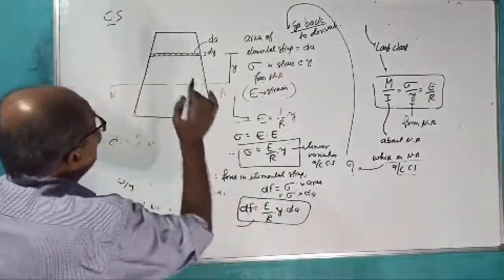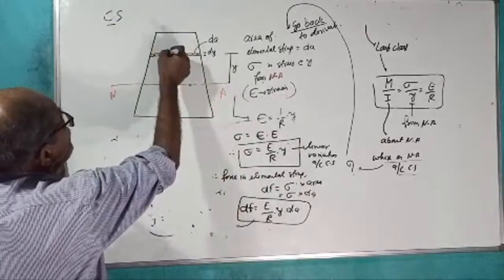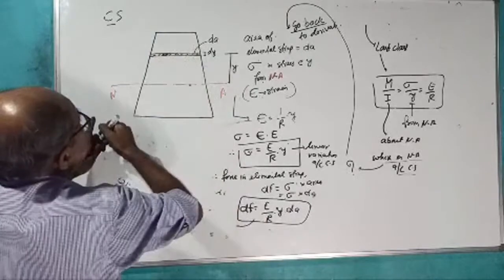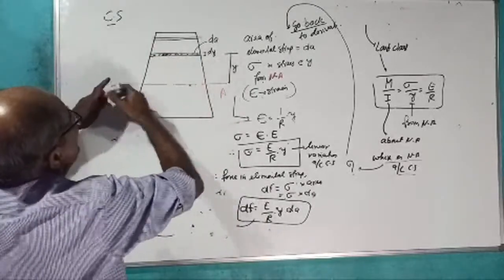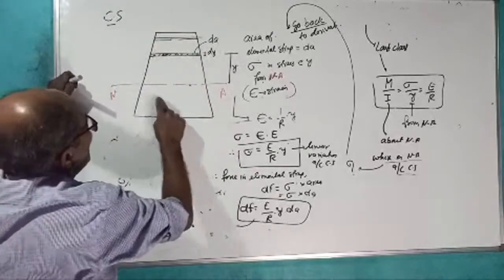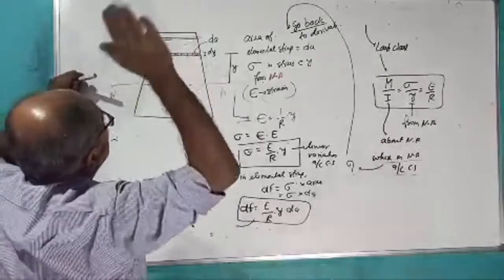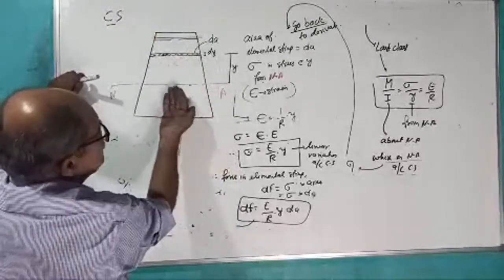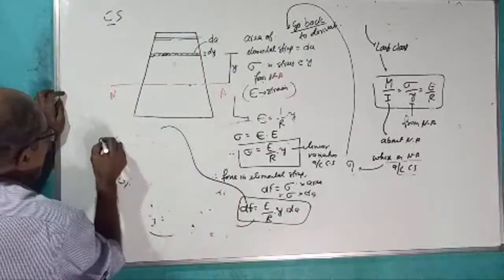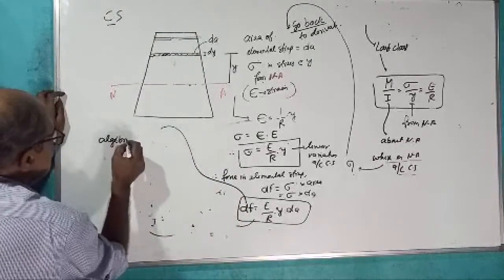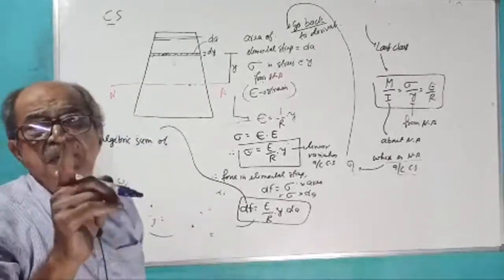This is the force in the elemental strip. There, see, there is an element. See, there is a strip here. It has a force like this. One more element here. It has a force, say, like this. One more element here. The effect will be tension. Upper side compression this way, lower side tension this way. Therefore, from here deviate. Algebraic sum of, remember, algebraic sum.